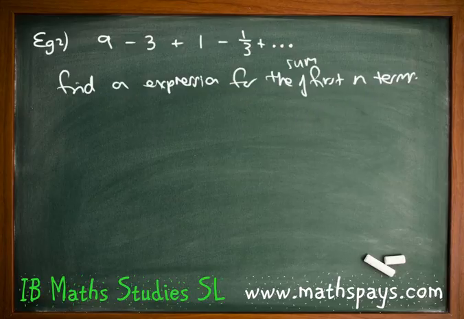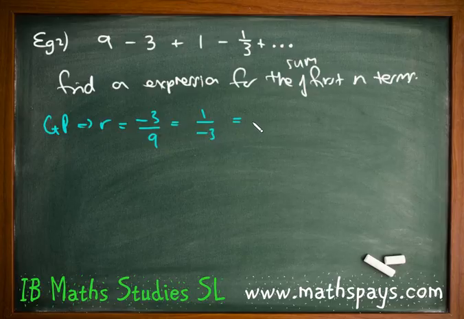Of course, if we're asked to show that this is a GP, I'm always going to say this, guys, because I think it's important. We're going to say -3 on 9 is equal to, well, we can say 1 over -3, which equals -1 on 3.